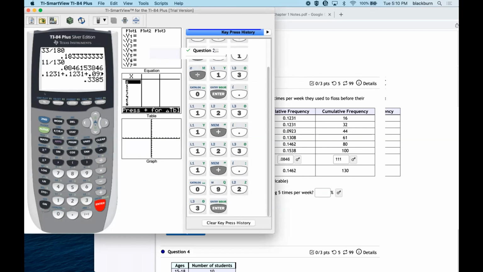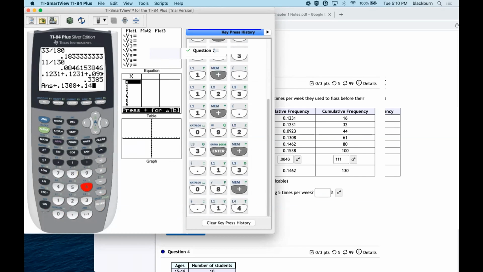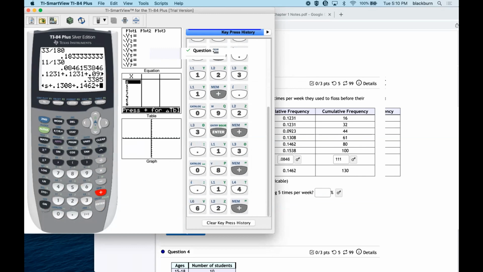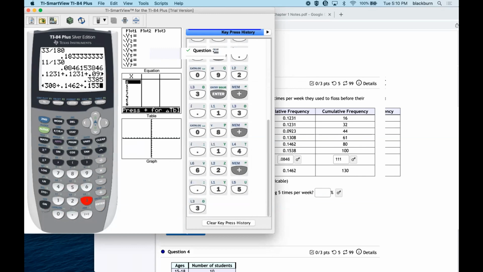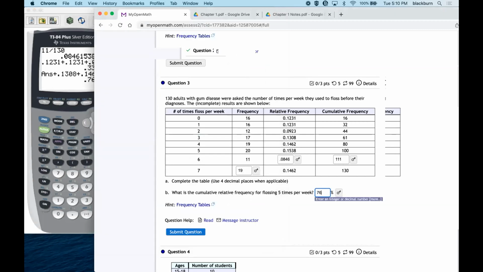Oops. Boogered that up. So then plus 0.1308 plus 0.1462 plus 0.1538. So 0.7693, so 76.93% should be the answer right here.